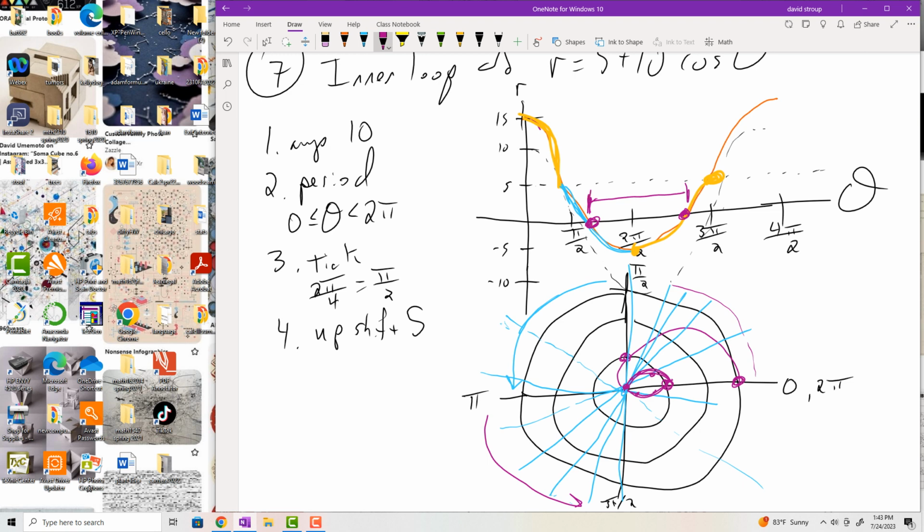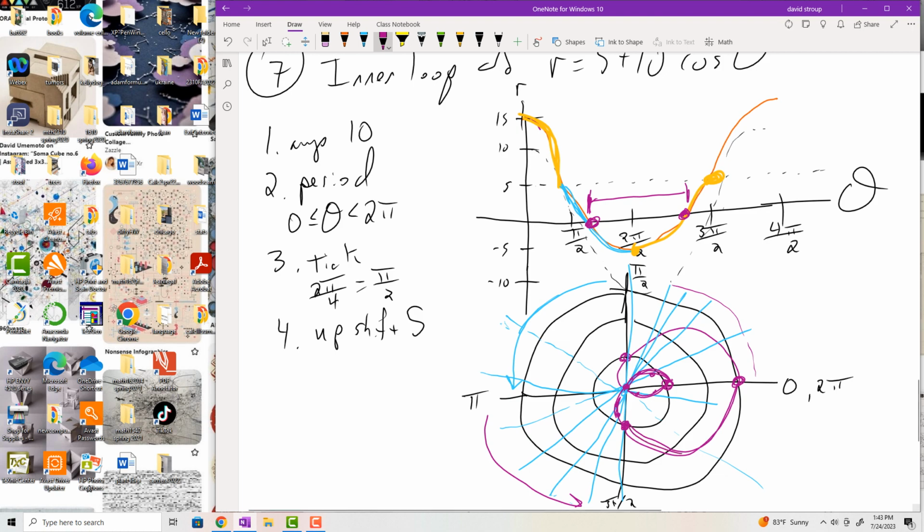Okay. But once it hits 0, then it's going to cross back over into the positive portion of the sector and then increase back to 5 at 3 pi over 2, right there. And then finally, it'll increase all the way back out to 15, like that.